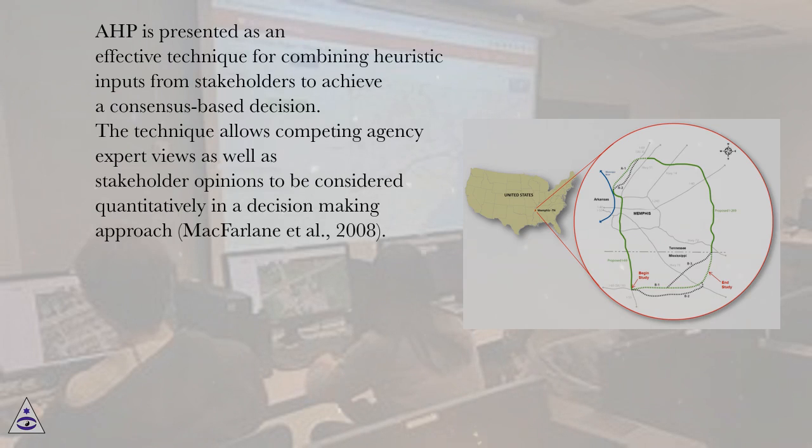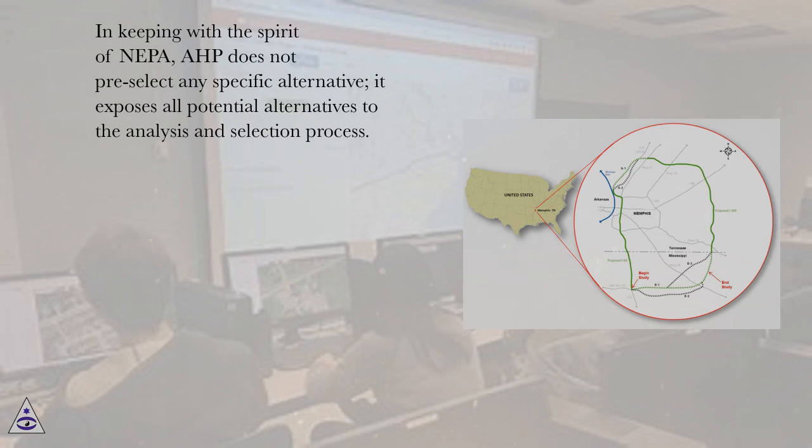AHP is presented as an effective technique for combining heuristic inputs from stakeholders to achieve a consensus-based decision. The technique allows competing agency expert views as well as stakeholder opinions to be considered quantitatively in the decision-making approach, McFarlane et al., 2008. In keeping with the spirit of NEPA, AHP does not pre-select any specific alternative, it exposes all potential alternatives to the analysis and selection process.